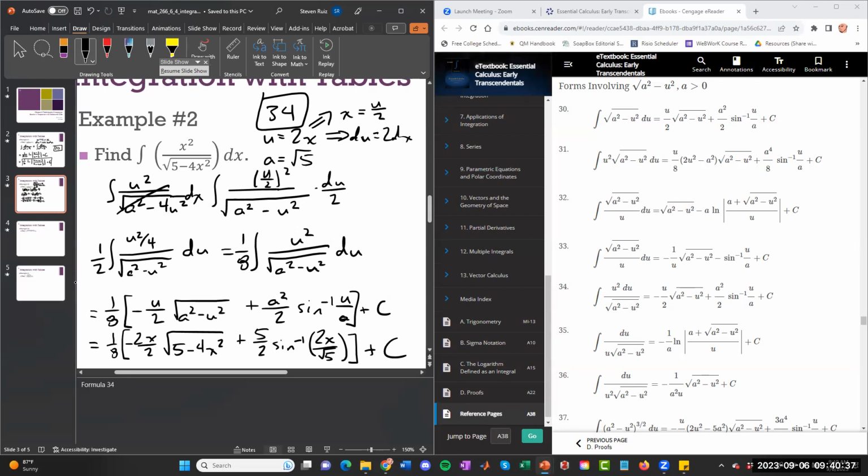Obvious, right? So that's why these tables exist. I'm not sure how I get there by hand.